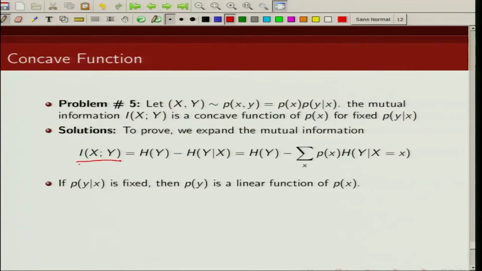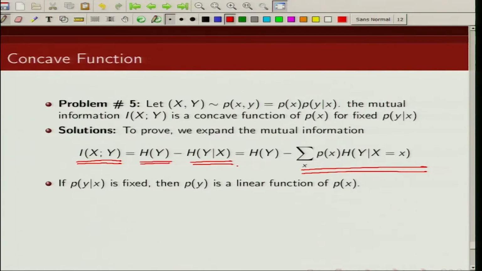From the definition of mutual information between X and Y, we can write it as uncertainty in Y minus uncertainty in Y given X. Now, the uncertainty in Y given X, I can write in this particular way: it is the sum over each particular event X of the uncertainty in Y given that event, multiplied by the probability of that event, right.